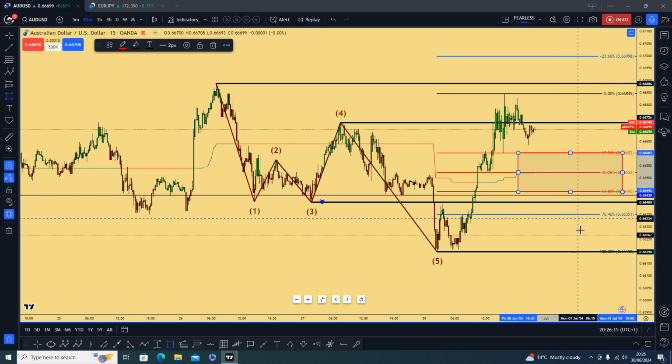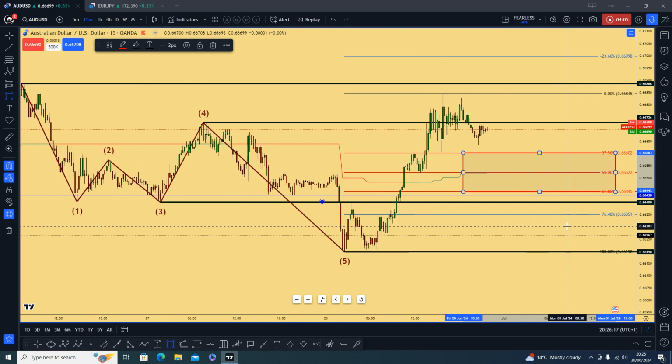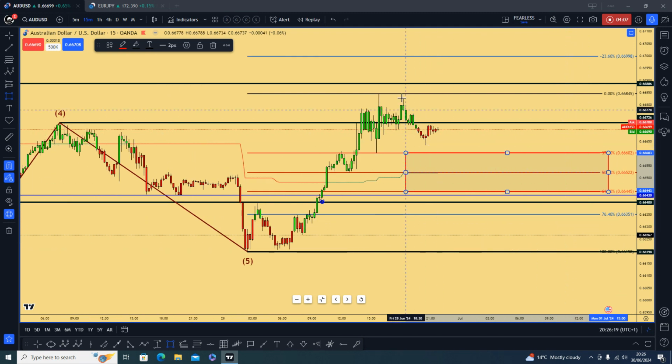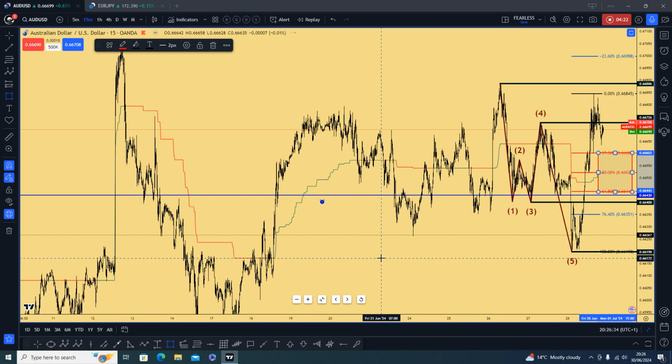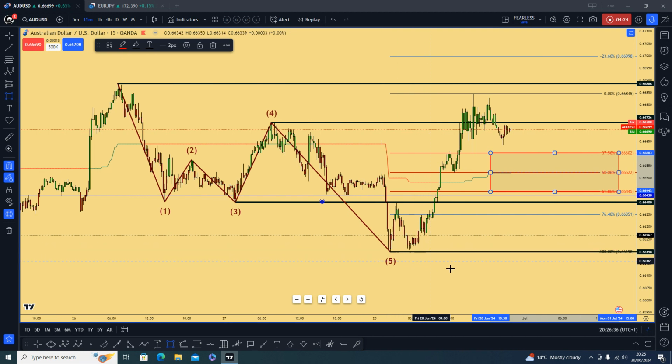Then your risk is minimum. So we are expecting a pullback here, so that we can buy the 2 from this area for a continuation. The idea is for price to break this high before we can see a major sell in the Aussie dollar again.